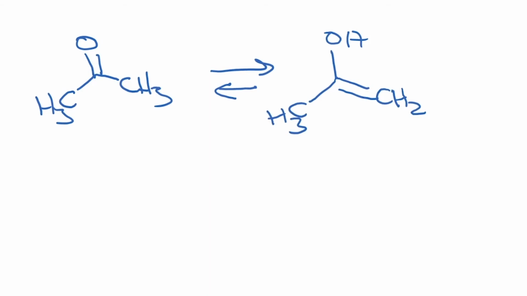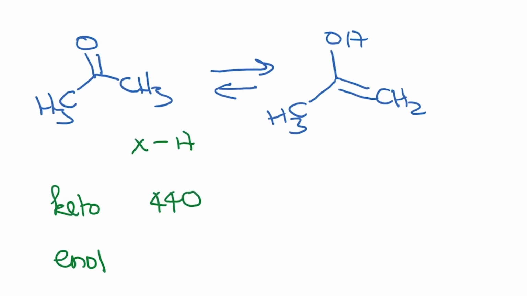And so one of the reasons for this is that if you look at the stability of these species, I'm just going to draw some bond strengths over here. This is the keto form, and this is the enol form. The bond that we're looking at is between X and H, and for the keto form, this is 440, whereas for the enol form, it is 500.